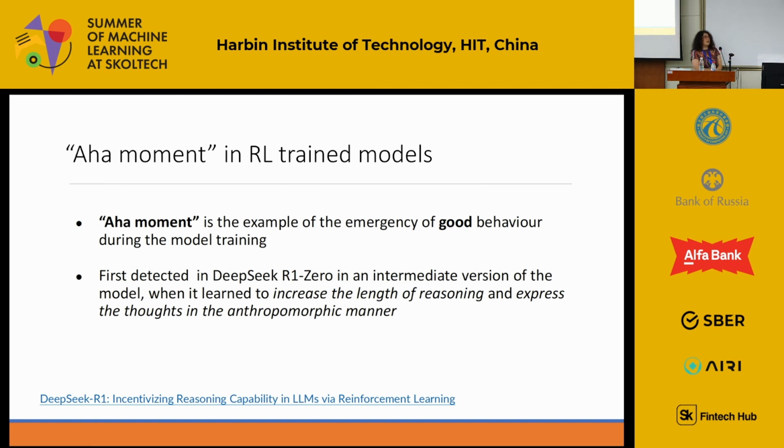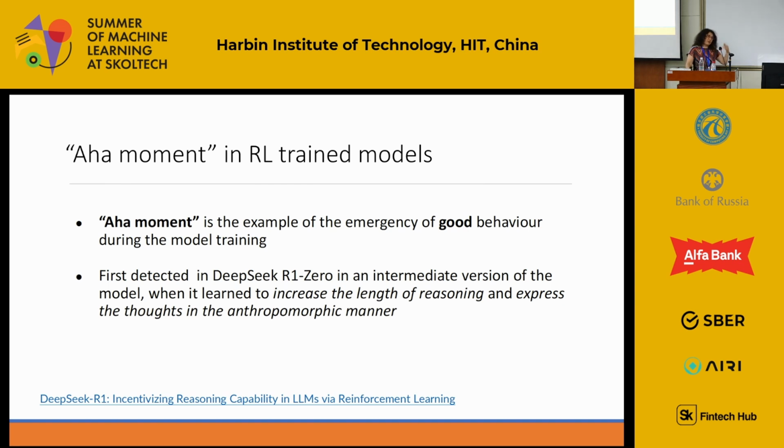Yeah, another emergent behavior was actually an example of good emergent behavior. It's not only bad. The so-called aha moment in RL-trained models is the example when some behavior emerges beyond our expectation, and it is a really great thing.